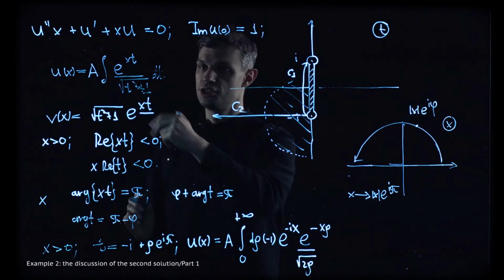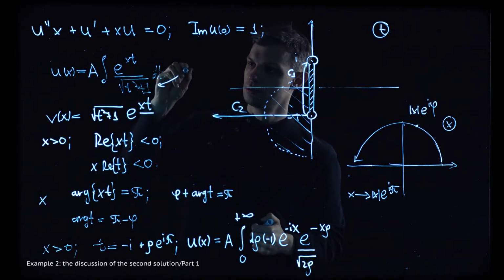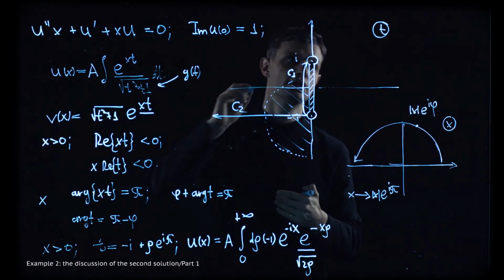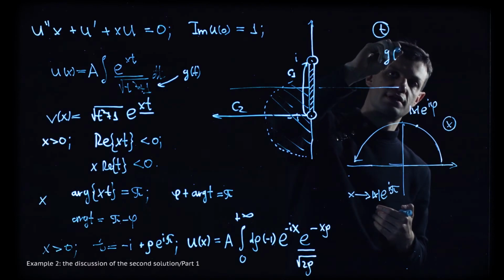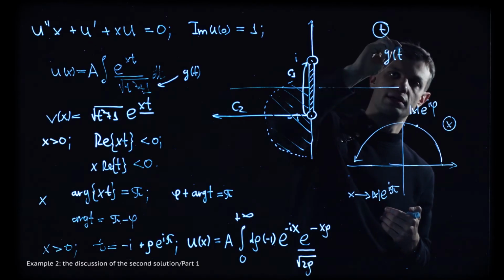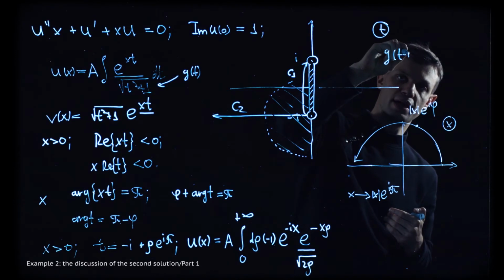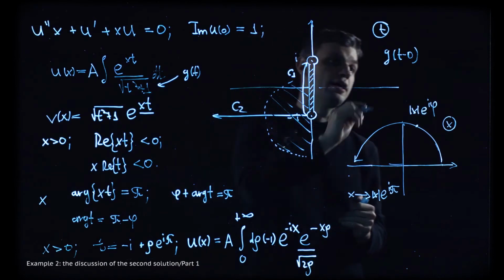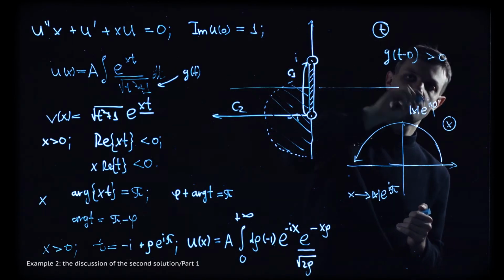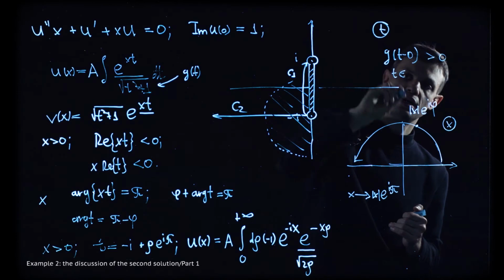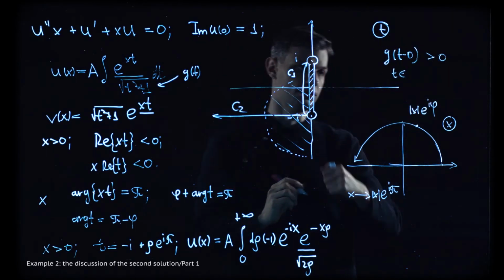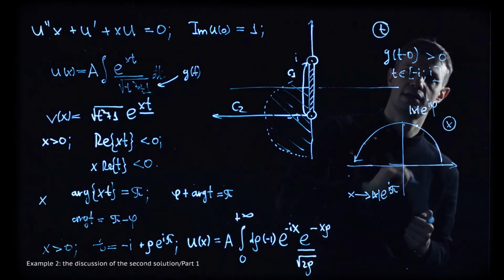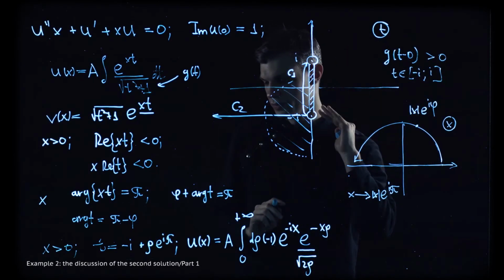So our multivalued function g of t is defined in such a way that when we are on the left bank of our branch cut, it's going to be positive when t belongs to the segment from minus I to I. So this is a fixation of the regular branch.